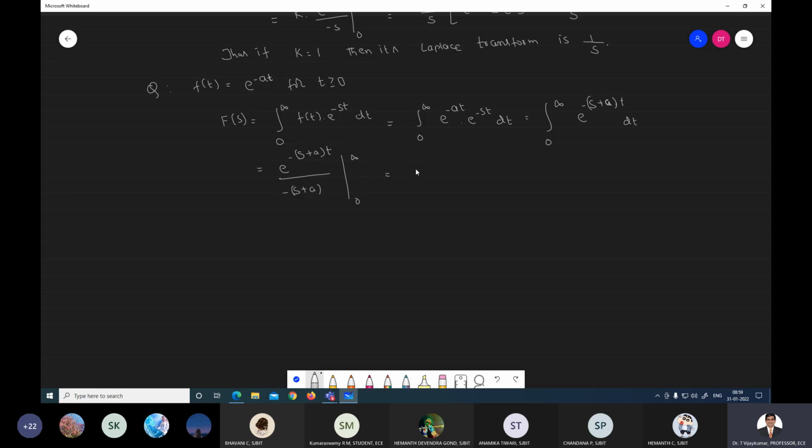So this is equal to e to the power of minus infinity divided by minus of s plus a, minus e to the power of 0 divided by minus of s plus a. This term is 0, minus into minus is plus, and e to the power of 0 is 1. Therefore, this becomes 1 by s plus a.